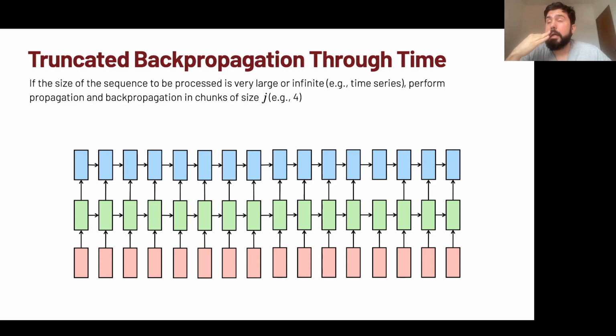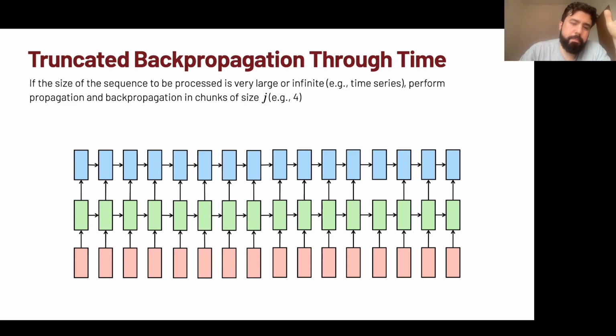If I wanted to train a language model that predicts the next word given a context in Wikipedia, ideally I would have to process the whole document and sum the losses of each word to update my model. But because that document can be too large, what we do is what we call truncated backpropagation through time.